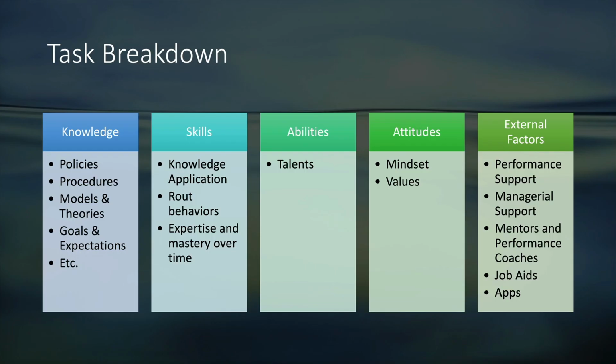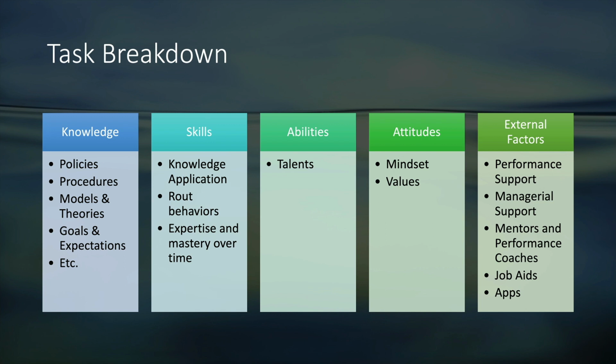So if we break this down, we have different knowledge, different skills, different abilities, different attitudes, and other external factors that all align to that basic skill, as well as our complex skills. So for example, for knowledge, there might be a set of policies or procedures, different theories or models, goals, expectations associated with feedback delivery or performance management. From a skills standpoint, there's how you apply those policies, procedures, models, etc., the different behaviors and expertise and mastery over time of those methodologies.